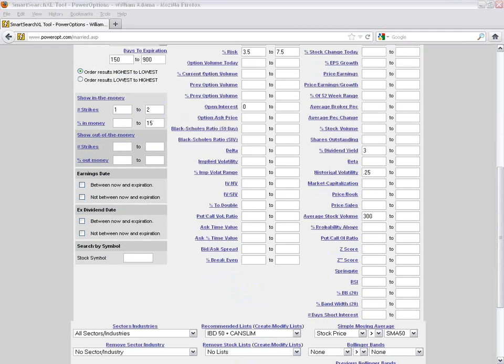But the issue here is now that I used the percent dividend yield. There's two tricks now in this from the default settings if you're looking for a dividend-paying stock. Number one, a lot of stocks that pay a dividend will not have a historical volatility above 0.25. You think of stocks such as Kraft or maybe even IBM, which pays a smaller dividend.